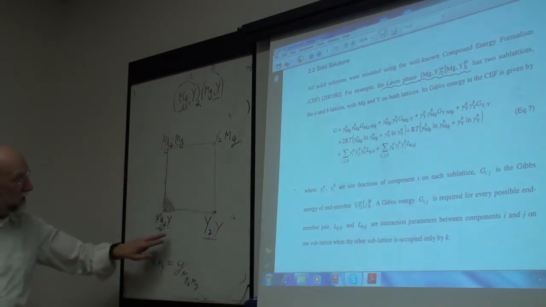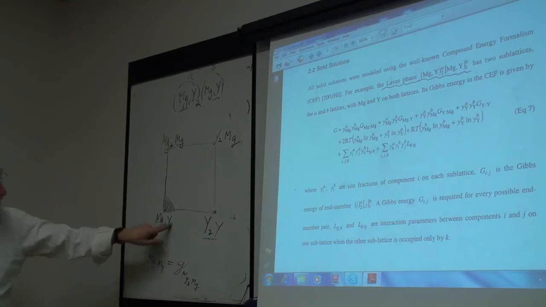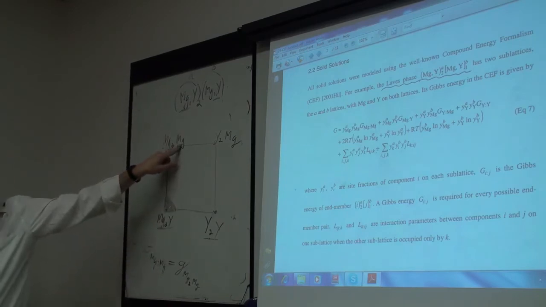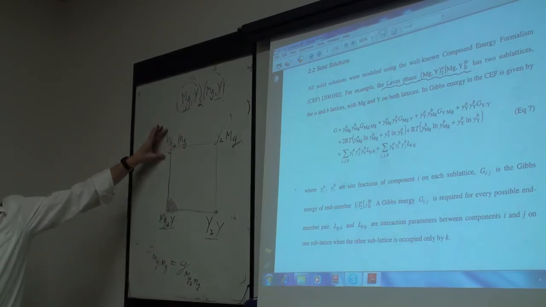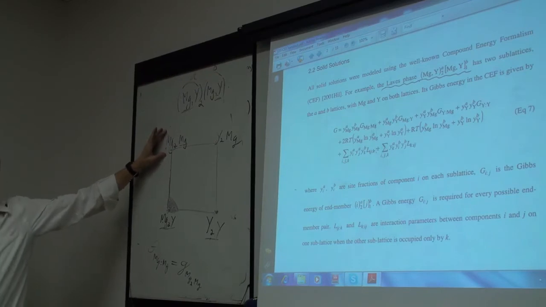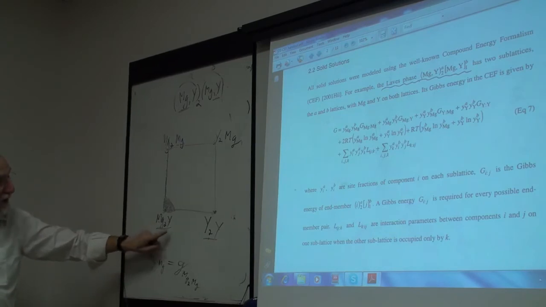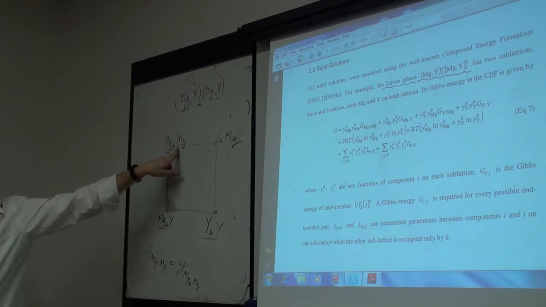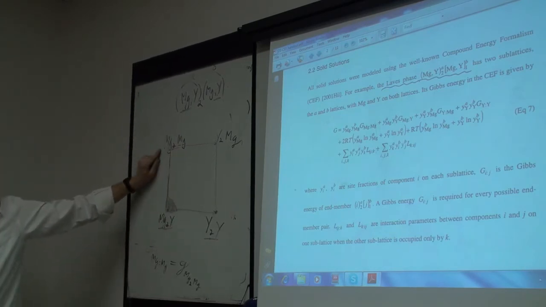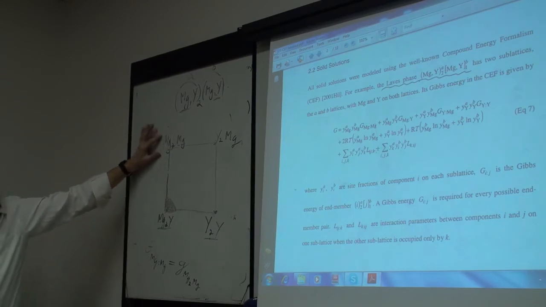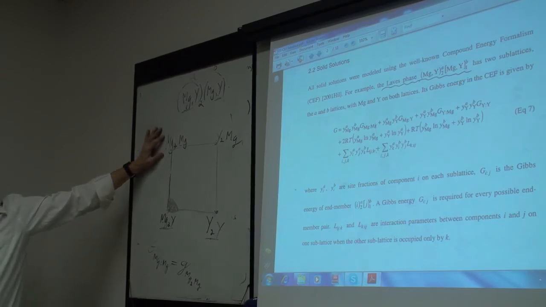This is the Gibbs energy of the Laves phase when all the yttrium have been replaced by magnesium. This is not hexagonal close-packed magnesium. This is a hypothetical thingamajig where you've taken the Laves Mg2Y and you've replaced all the yttrium by magnesium on the other lattice site. So this is going to have a very positive Gibbs energy. This is an unstable affair, right?